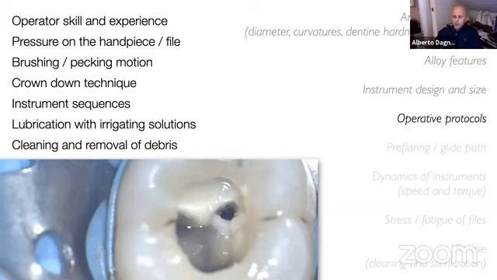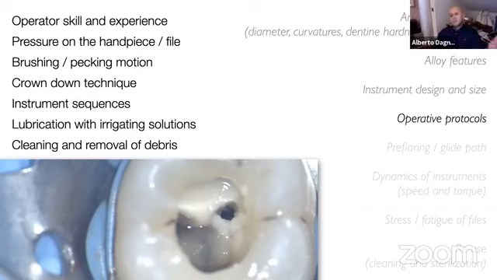So we have to respect the protocols, the sequences of the files, and we have every time to work inside the root canal in the presence of irrigating solution, because the liquids can lubricate the file and can reduce the friction along the dentinal walls.